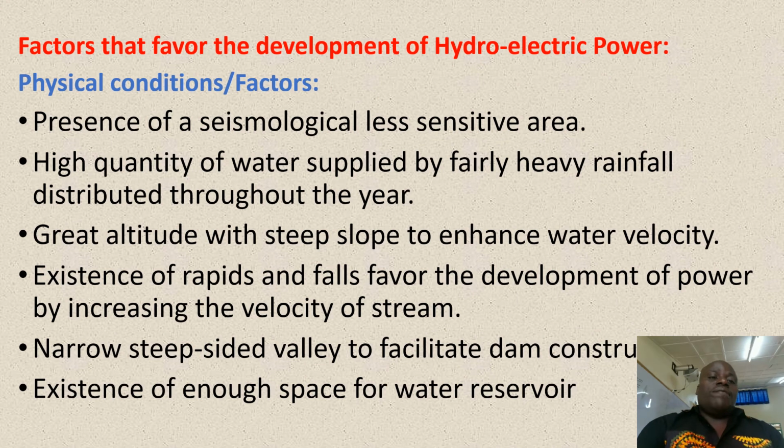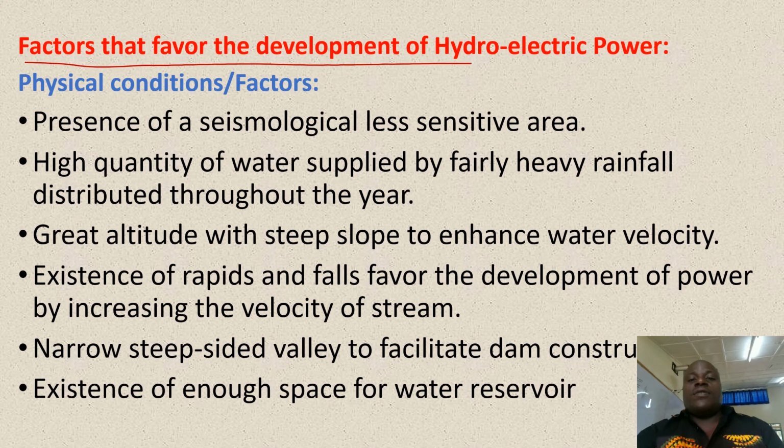Another question. What are the factors that favor the development of hydroelectric power? These factors can be called conditions. These conditions are both physical and human. Let's begin with physical conditions that favor the development of a hydroelectric power station, for example, site.